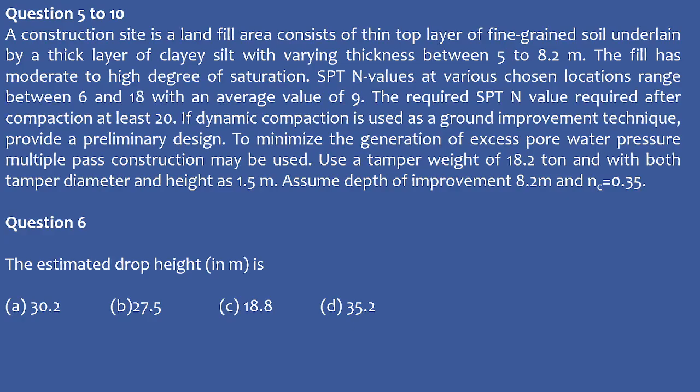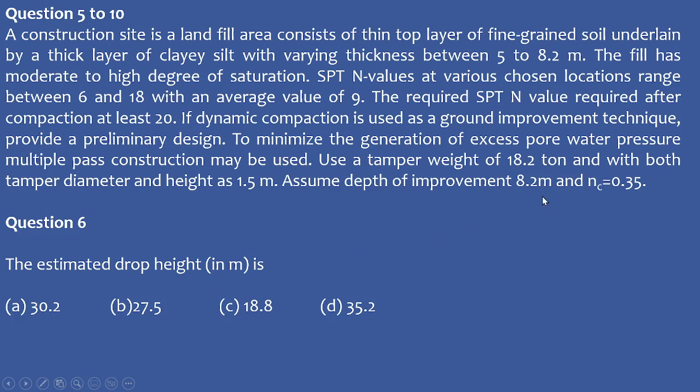Four options are given. You need to calculate from which height we should drop to get the required SPT N of 20. This SPT N of 20 is not related to the formula, but for this certain ground condition, how much should the drop height be?